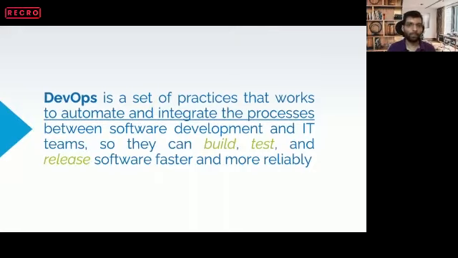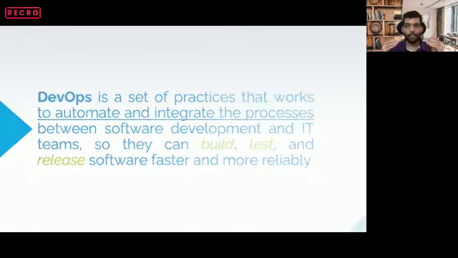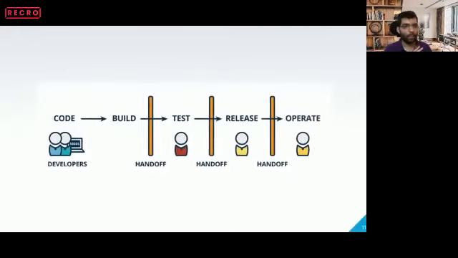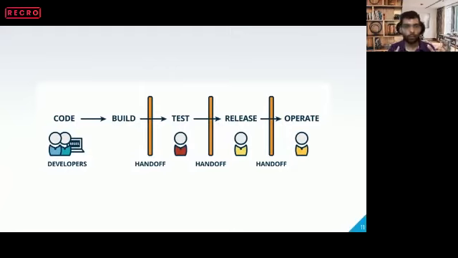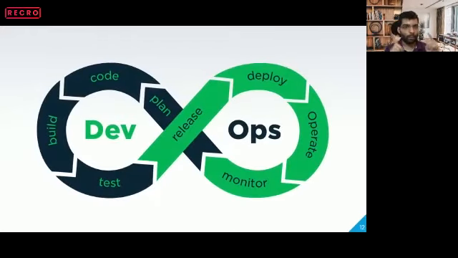As simple as that. So with this definition in mind, the existing process that we had, wherein the developers would code, create a build, and then hand it over to the testing team, which then hands it over to the operations team, now gets converted into something like this. Now, one key thing that you will notice here is that this is a continuous loop, which is the core of the entire DevOps practice.